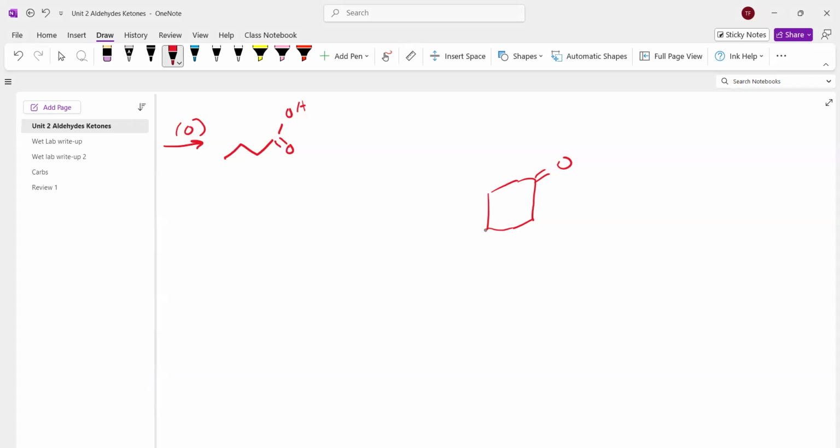Well, if we named it, is it an aldehyde or ketone, first of all? It's not an aldehyde. It's a ketone. Remember, aldehydes cannot be in rings because they have to be on the end. And in a cyclic compound, there is no end to the backbone. This is the backbone here. So it's a ketone.